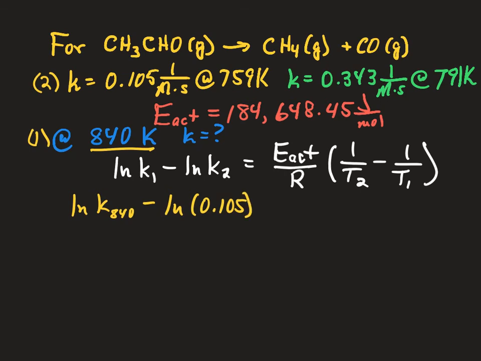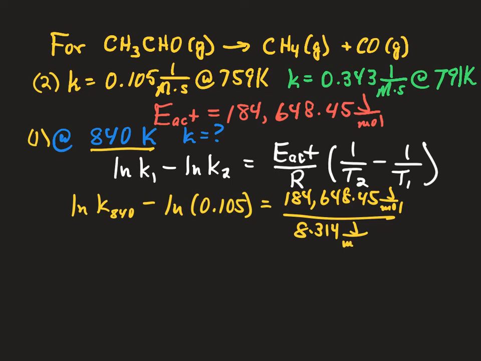Because it's natural logs, they come out unitless, so we don't have to worry about units. Our activation energy is 184,648.45 joules per mole divided by 8.314 joules per mole Kelvin, times 1 over 759 minus 1 over 840. And those are Kelvin.